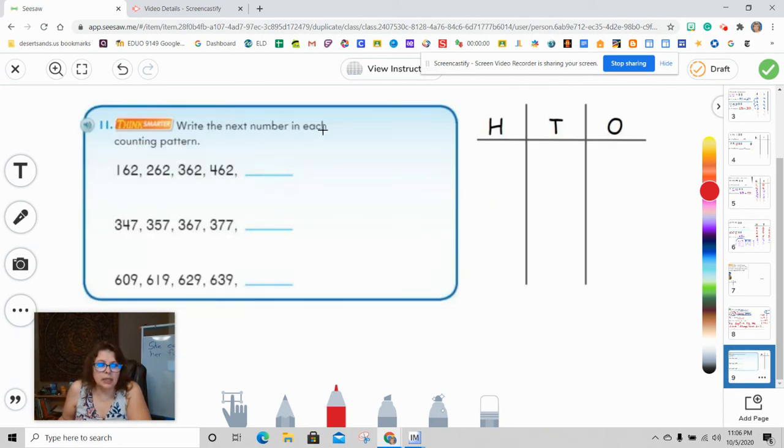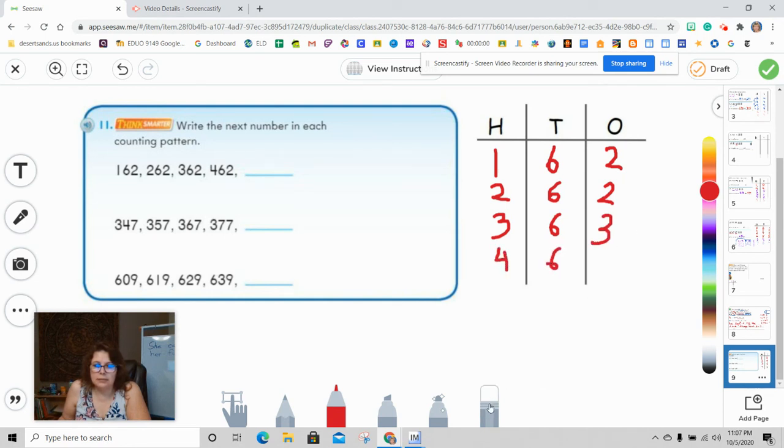Again, this is write the numbers in each counting pattern. So we have 162. See how my HTO is going to be my best friend? I'm telling you. 262, 362. Can you see the pattern? I can see it already. 462.